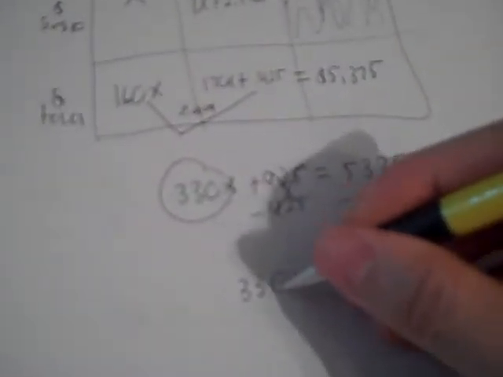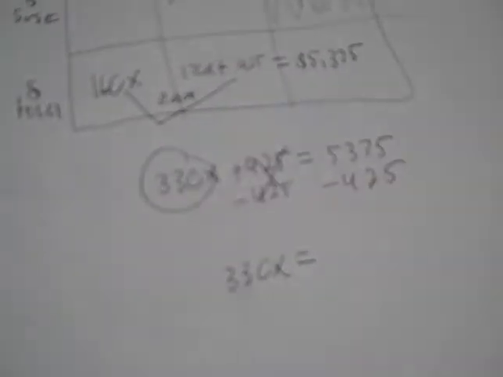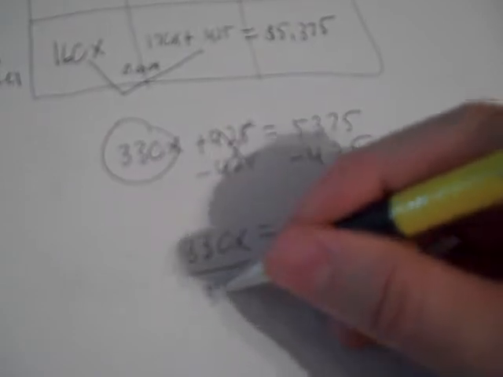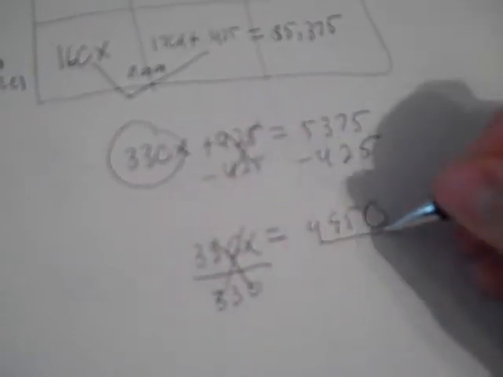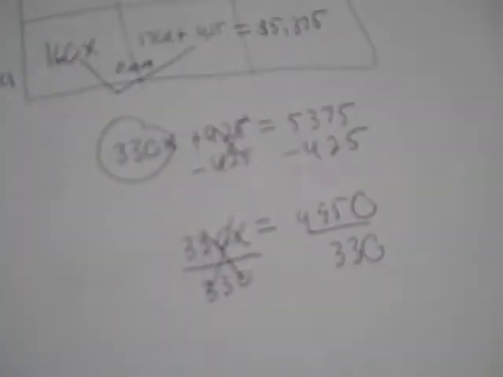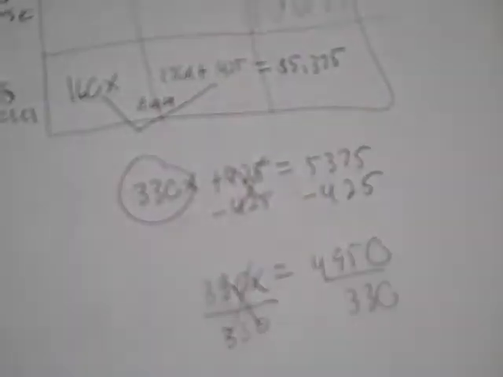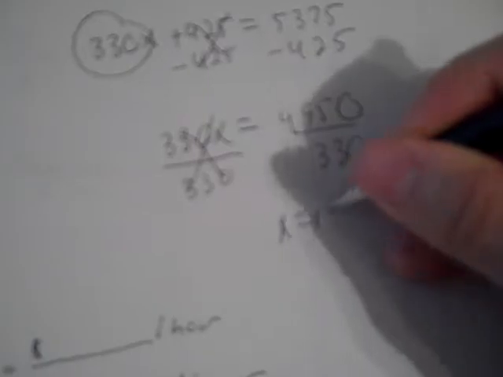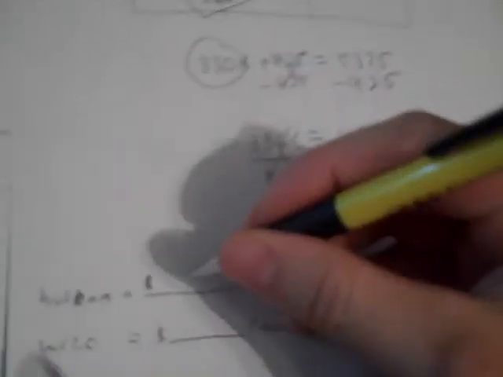So 330X equals 4,950. Divide by 330, and I get 15. Now go find the solo X in the table right there. That would be your husband's wage per hour.